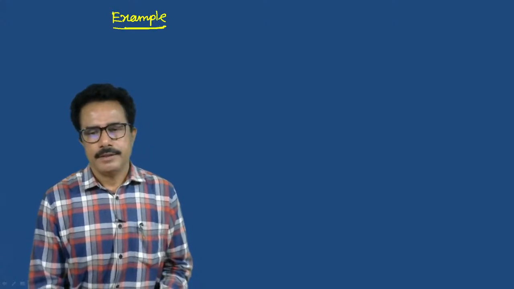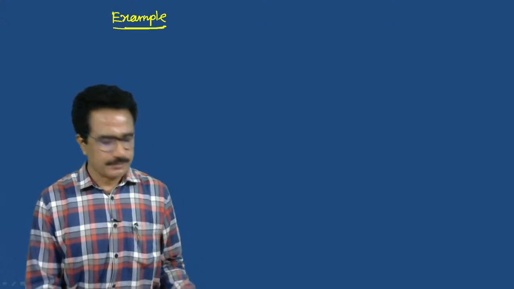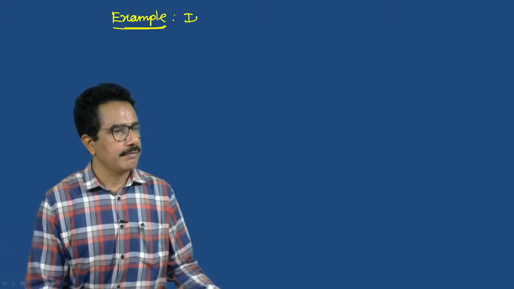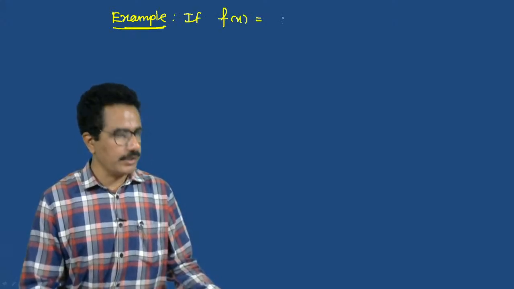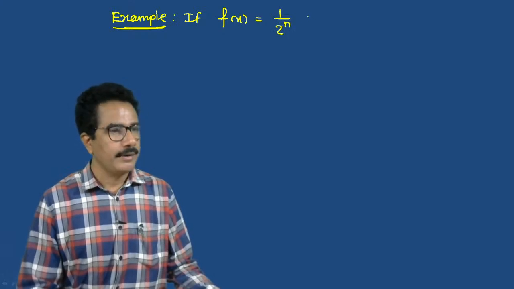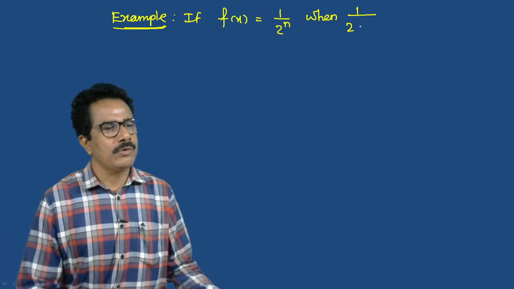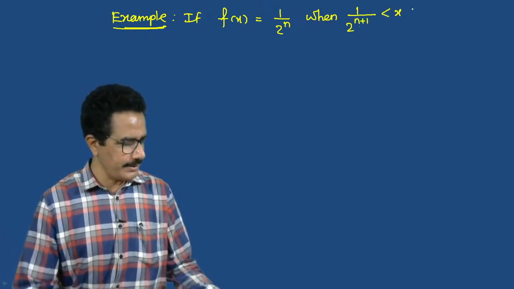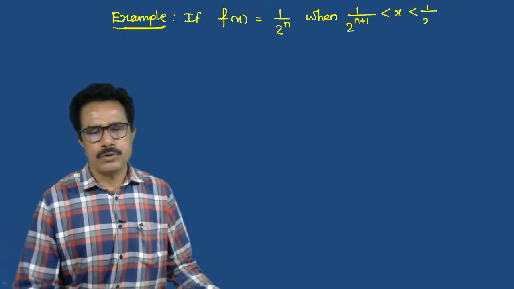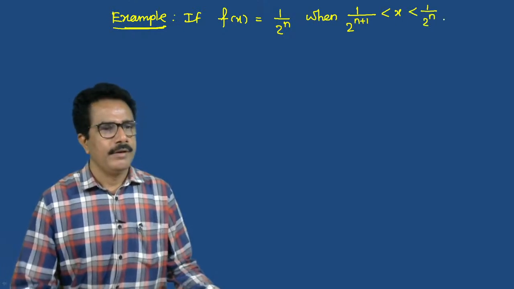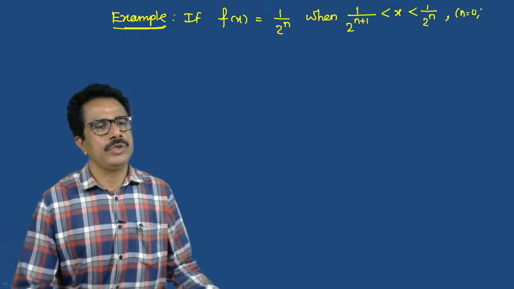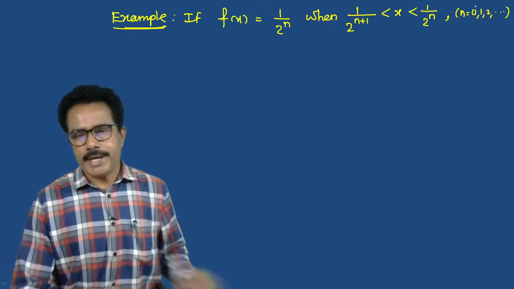Example. What we have given here: if f of x is equal to 1 upon 2 raised to n, when 1 upon 2 raised to n plus 1 is less than x is less than 1 upon 2 raised to n, for n equals 0, 1, 2, and so on up to infinity.